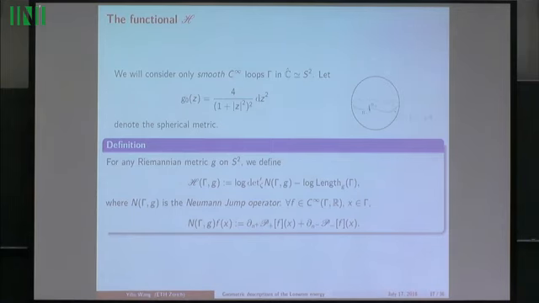Before we give the answer, let us consider the following functional that I call functional H. The setting will actually be a sphere, like S2. Imagine you have a Riemannian metric G on the sphere, and a smooth curve gamma separating the sphere into two parts.